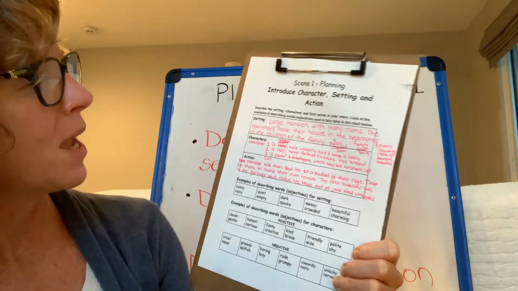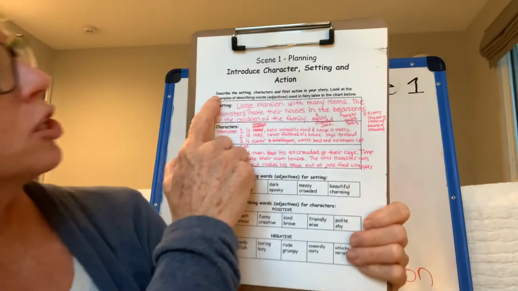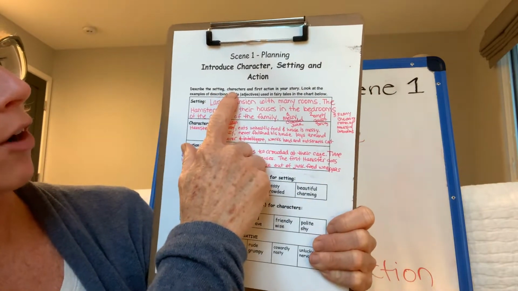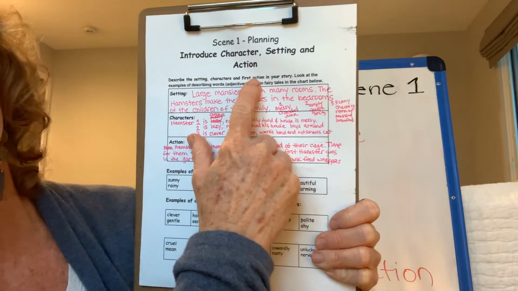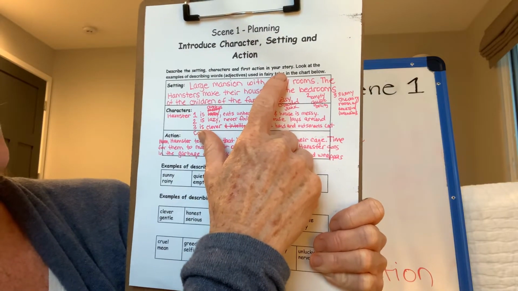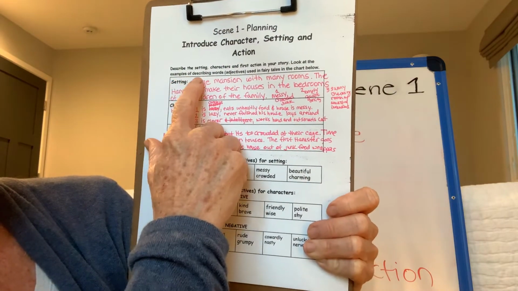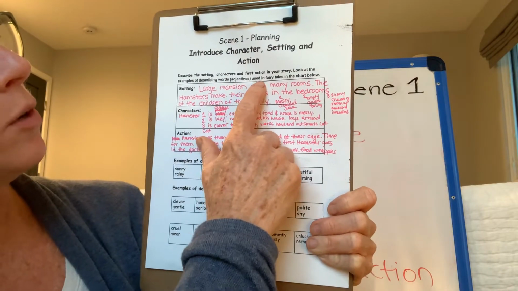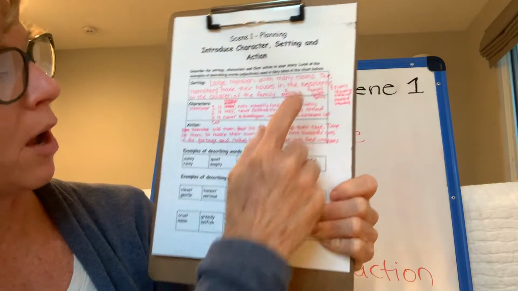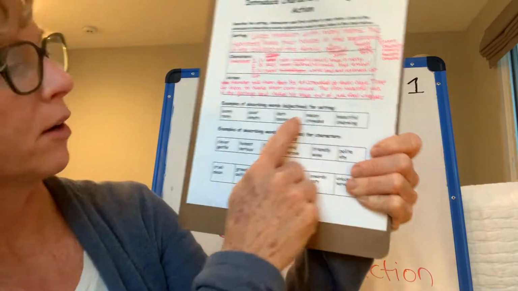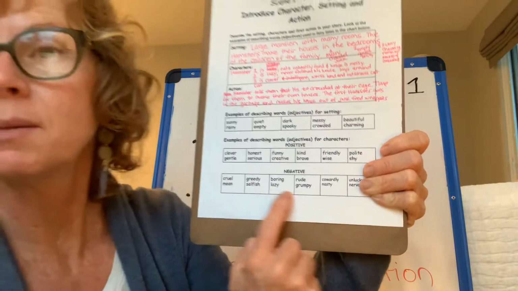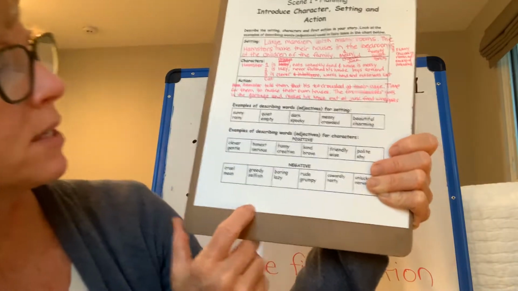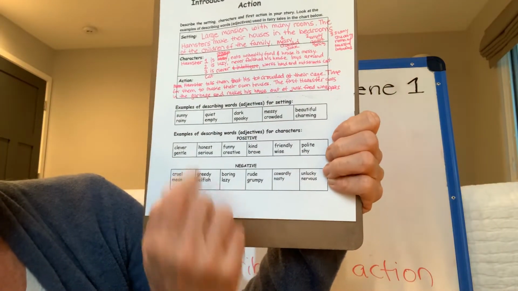It says, describe the setting, characters, and first action in your story. Look at the examples of describing words, or adjectives, used in fairy tales in the chart below.